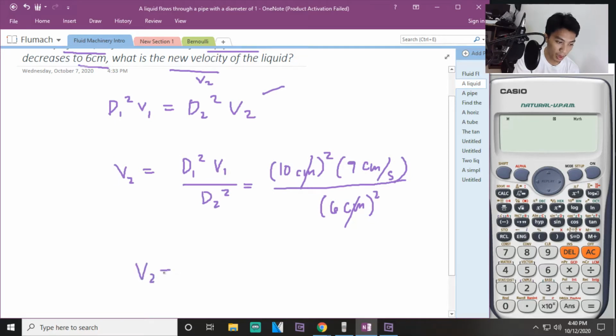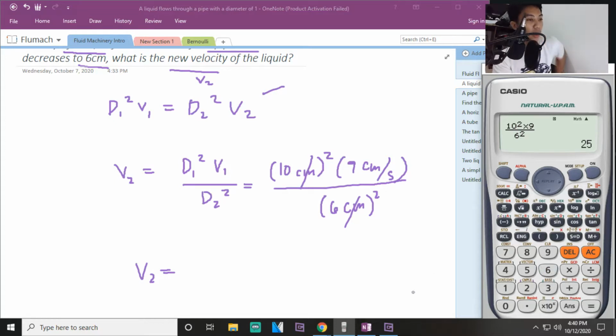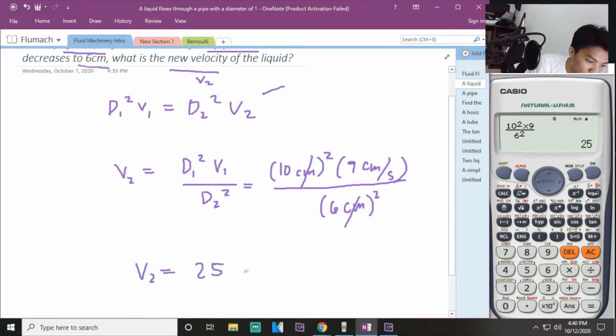So, V2 will be equal, that is 10 squared times 9 divided by 6 squared. The answer will be 25 cm per second. Basic pa yan, ha? 25 cm per second.